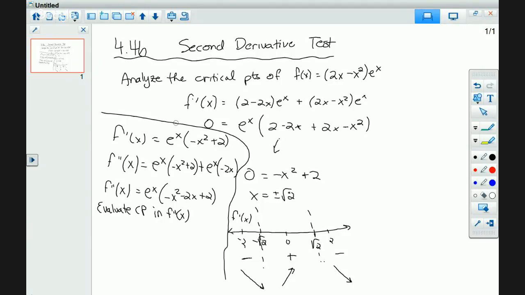Okay. So what is f double prime of negative root 2? And all we need again is signs. We don't need the exact number. We just need a positive or a negative. That's positive. And this is going to be positive. If the second derivative is positive, what do we know?